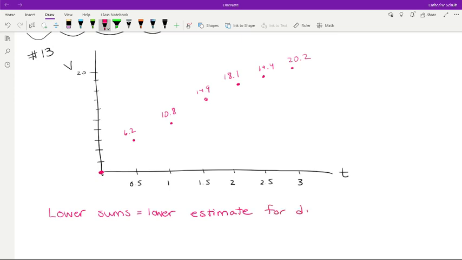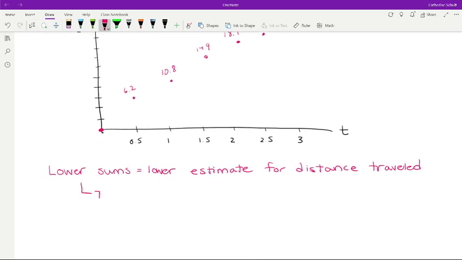And again, distance traveled is the area under the velocity. So we have our velocity, and for instance, we can do 1, 2, 3, 4, 5, 6, 7 rectangles. And L7 is going to be the lower sums.